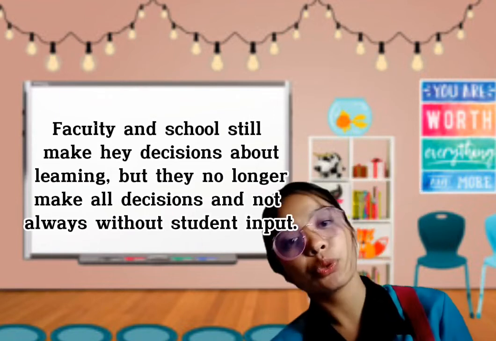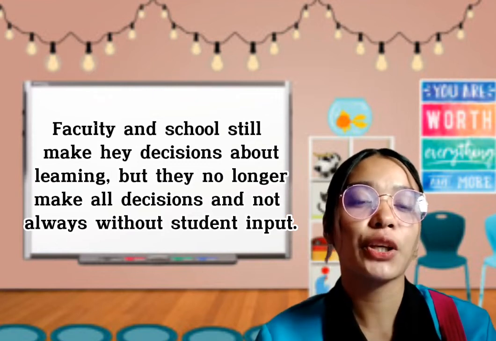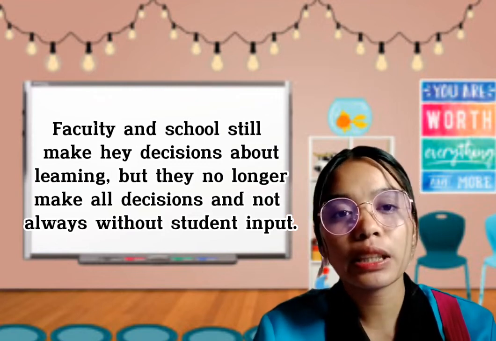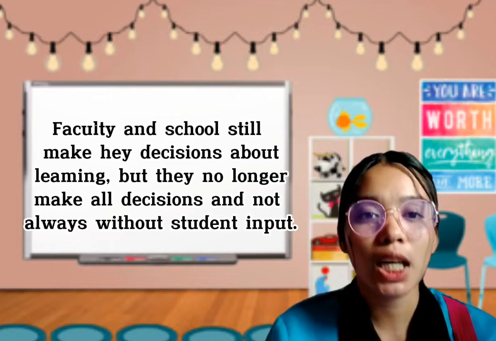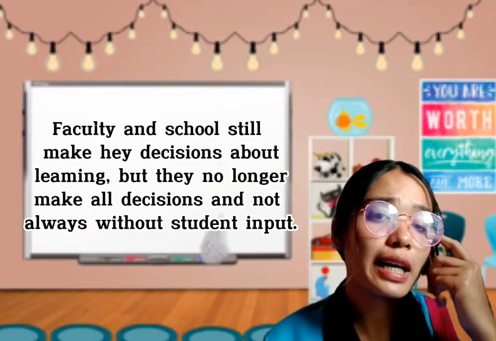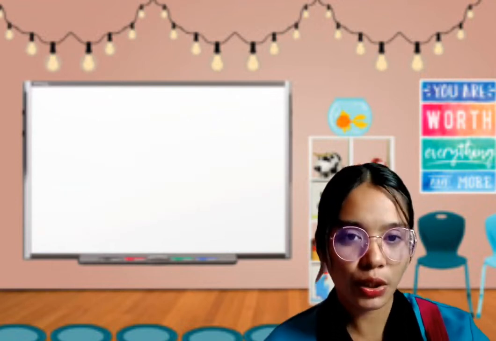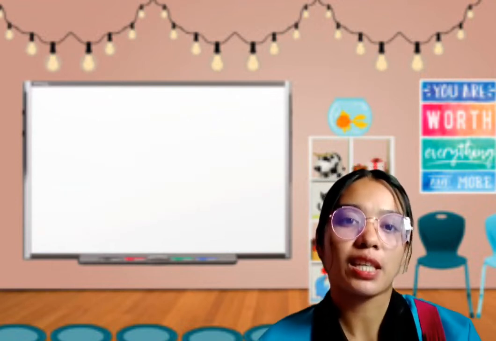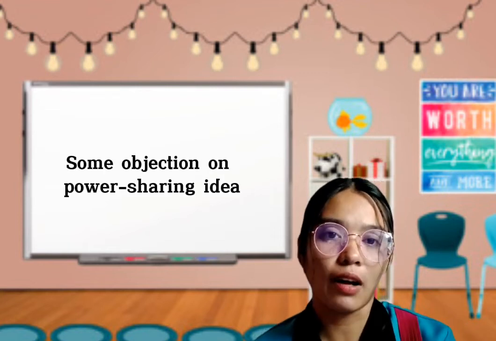So faculty and school are combined to make key decisions, but they could not make key decisions without the input of a student. So it is very important for faculty, school, students, and teachers to share their power so that they can make a good decision. There are some objections to the power-sharing idea.